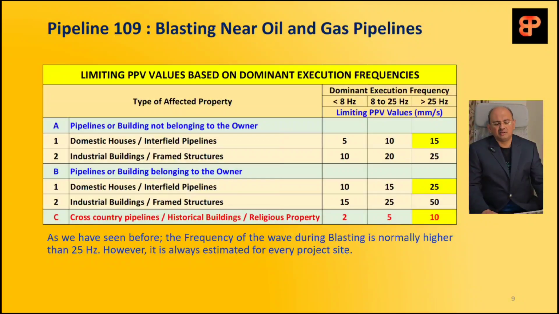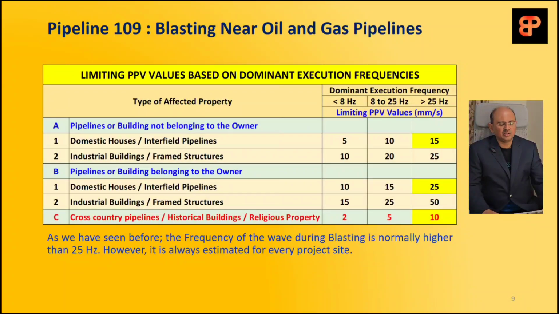Normally, as I mentioned, the frequencies of the vibrations induced from the blasting will be in the range of 20 or 25 hertz and beyond, and therefore the acceptable limits of PPV with respect to that frequency I have highlighted in yellow in these cells.